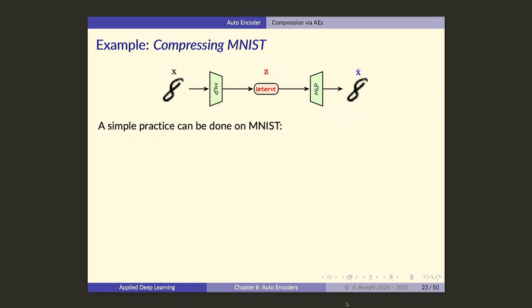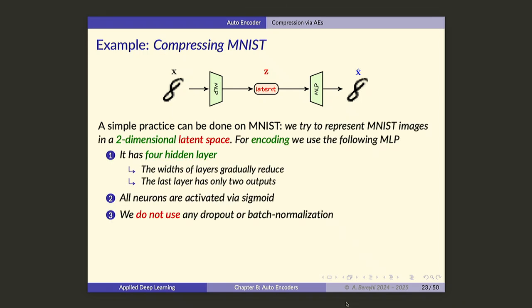Okay? Now, the idea is that you can put any MLP here. This is going to get this 28 by 28 dimensional input, and then you're going to convert it into 2 dimensions. It could be as shallow as one hidden layer, or it could be very deep. It doesn't really matter. When you get here, again, you put one other MLP, and this is going to take this 2-dimensional space into the high-dimensional 28 by 28 space.